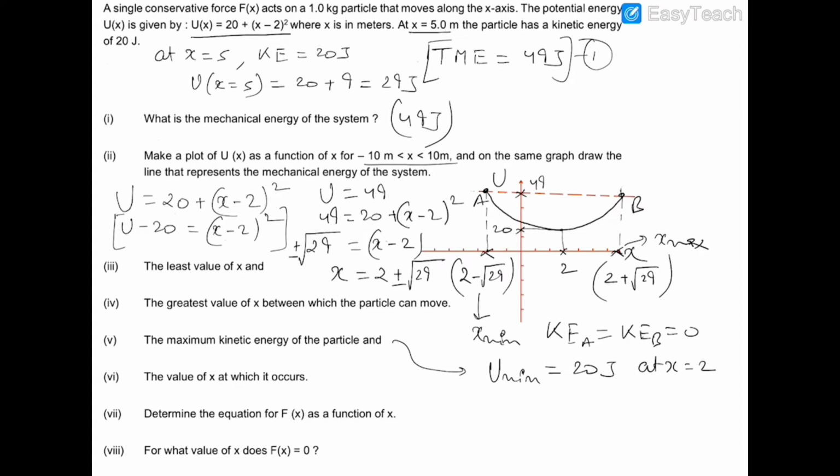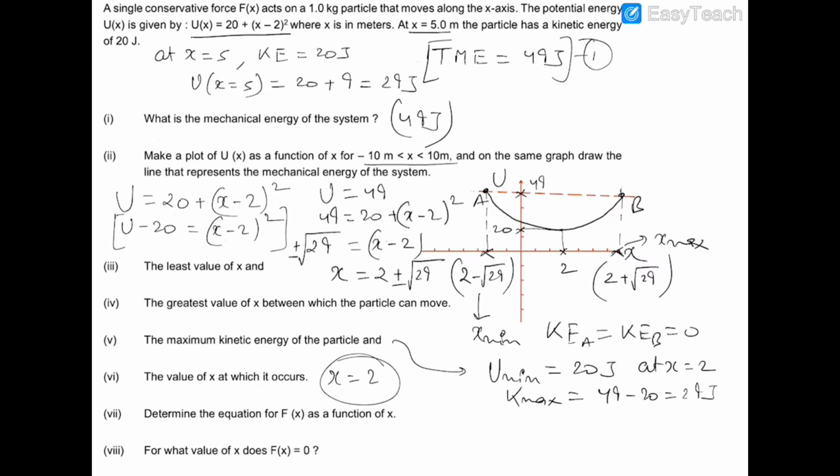At x is equal to 2, this term will be 0 and the minimum potential energy will be 20, and therefore the maximum kinetic energy will be equal to the total mechanical energy minus 20, which is 49 minus 20, this is 29 joules. So this is the maximum kinetic energy. The value of x at which it occurs is x is equal to 2.